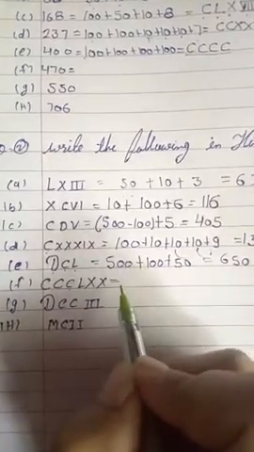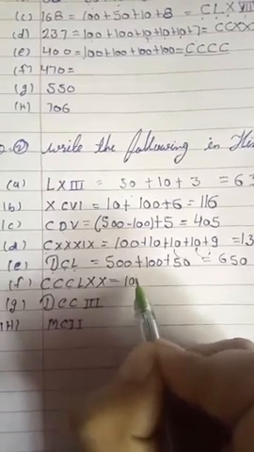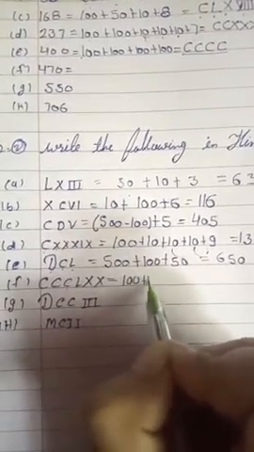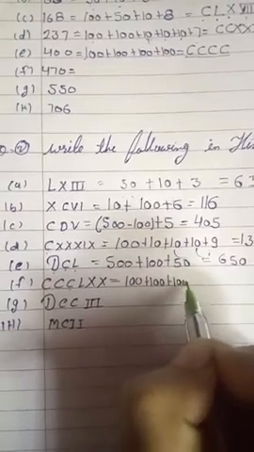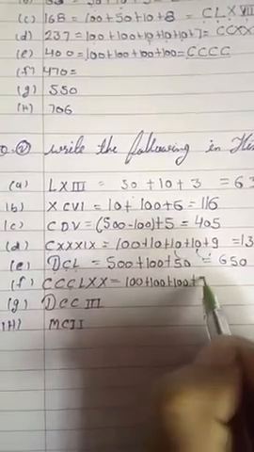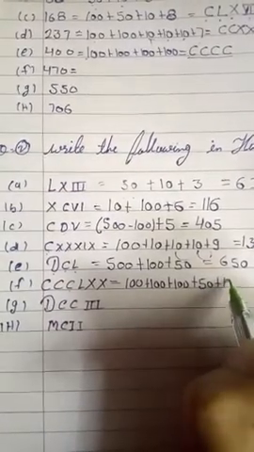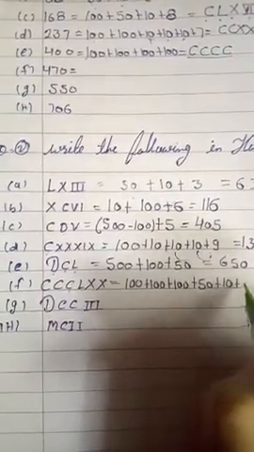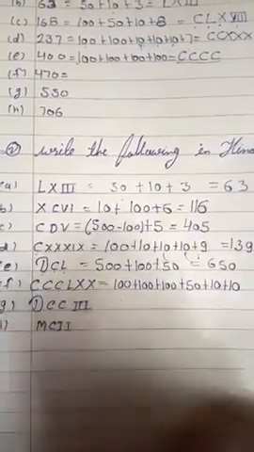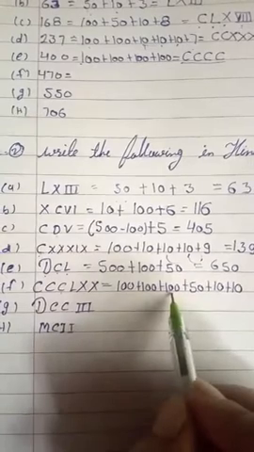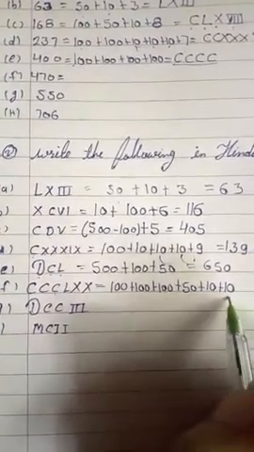Firstly, convert into Hindu Arabic digits. C is the symbol of 100, again C, again C, then L is the symbol of 50, then X is the symbol of 10, then again X. 100 plus 100 plus 100 plus 50 plus 10 plus 10.